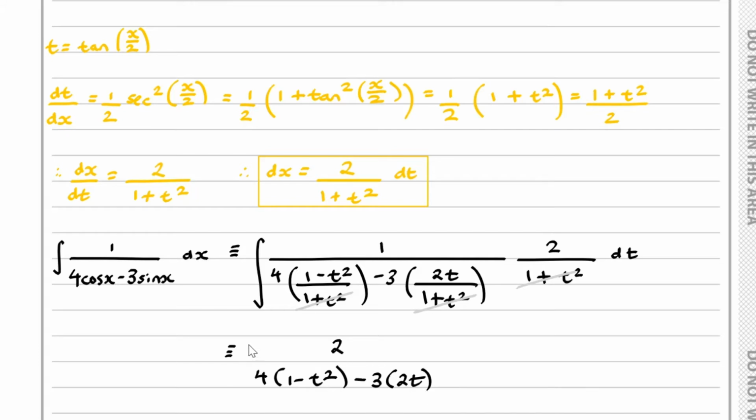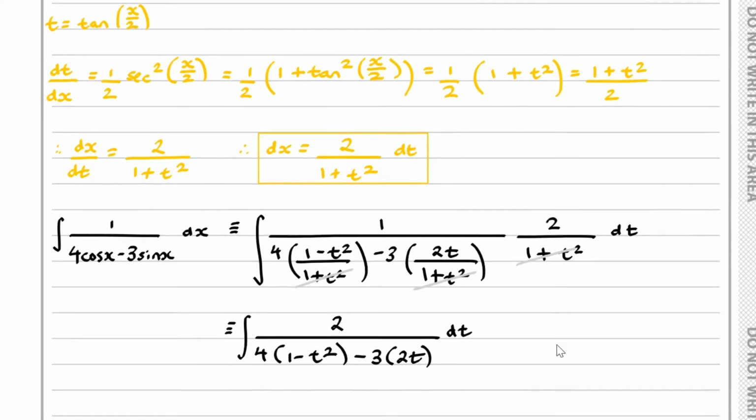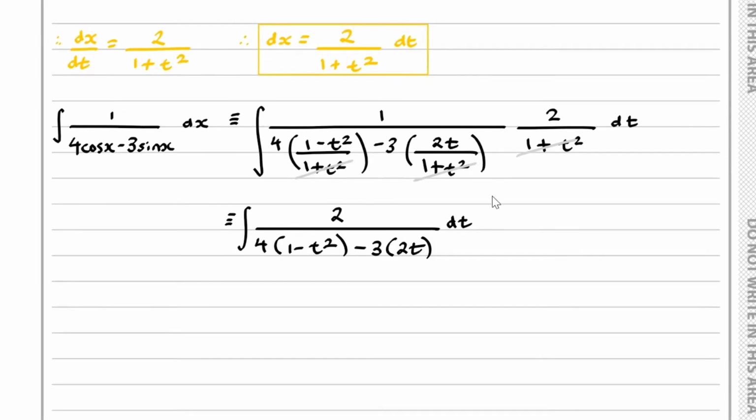On the top we have 2, and then we have dt. If we tidy all this up a bit more, this is the same as, if I expand along the bottom, 4 minus 4t squared minus 6t.